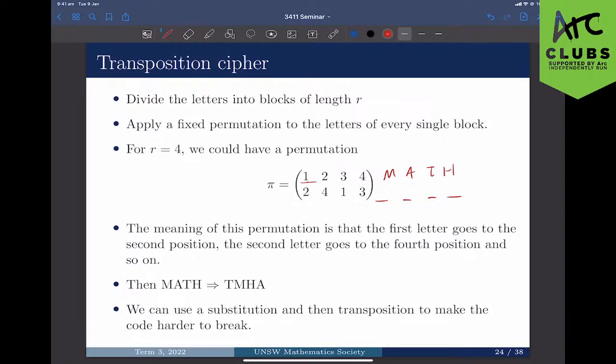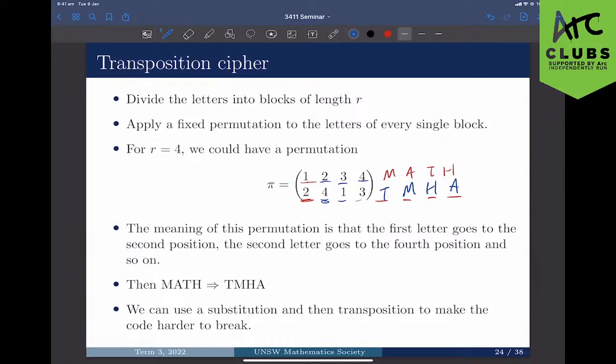Here, the first letter is M, and under it we have 2. This means the first letter M is going to go to the second position, which is right here. The second letter A is going to go to the 4th position. The third letter T is going to go to the 1st position, and the 4th letter H is going to the 3rd position.